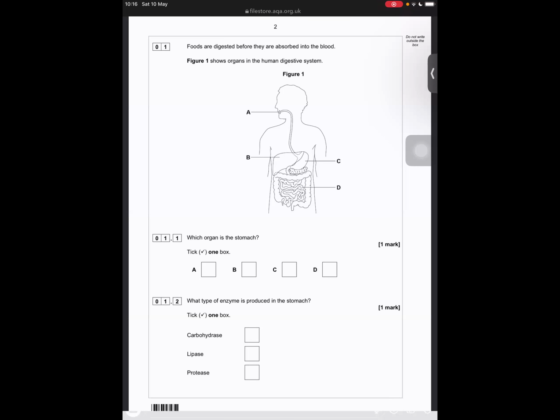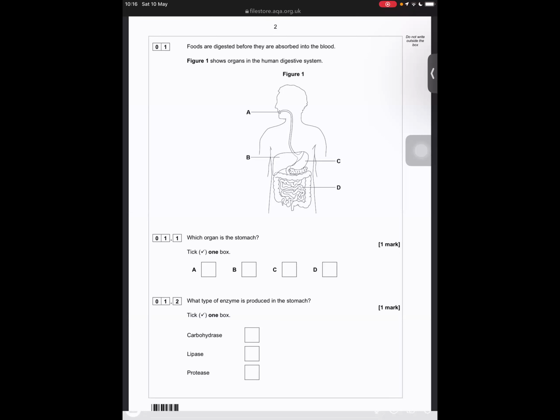So now the second one says what type of enzyme is produced in the stomach? Now that's one I'm not too sure of, but I can take a shot at it.